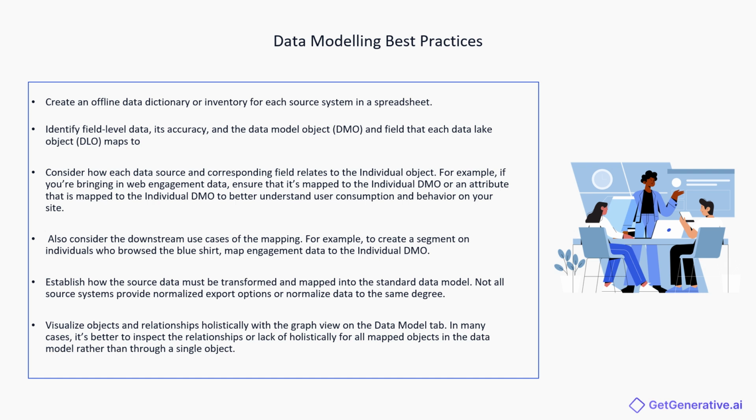Product is indirectly related to the customer: the customer has purchased a sales order, and the sales order line item has a relationship to product. So whatever you're bringing into Data Cloud, make sure it has a relationship to the individual.